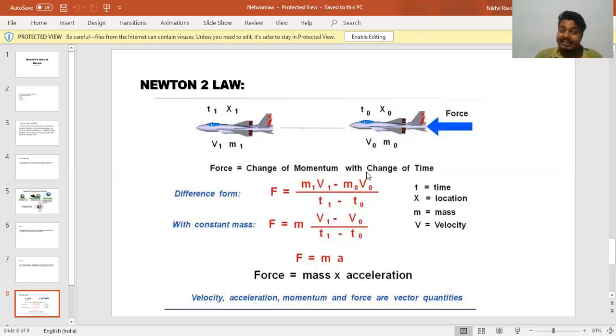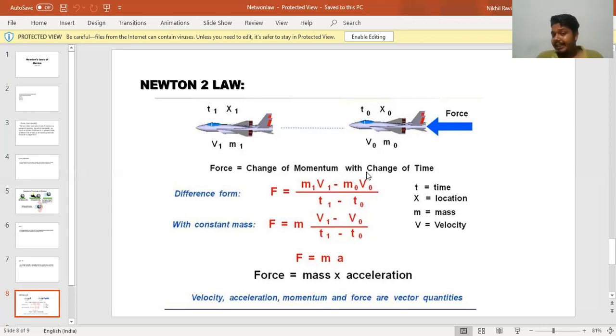This is the difference. How can we calculate it? If we take the mass as constant, is it possible? Yes.